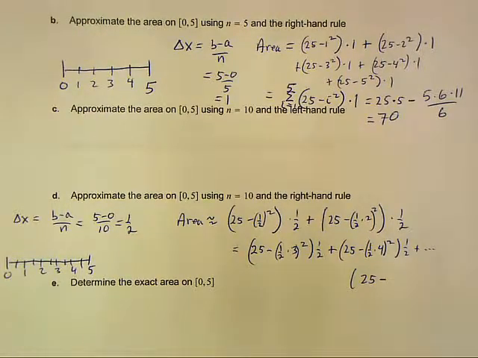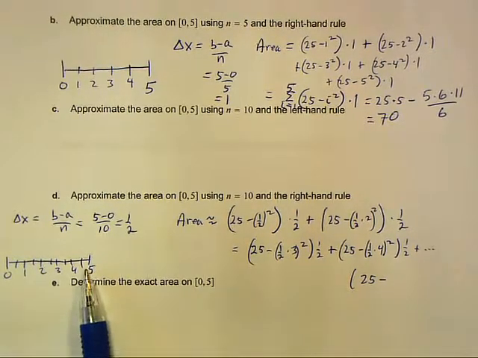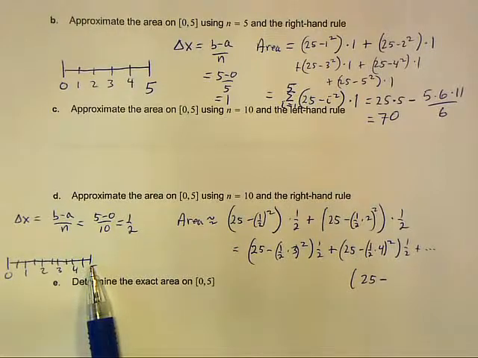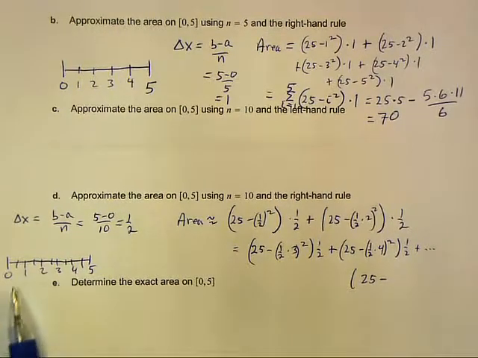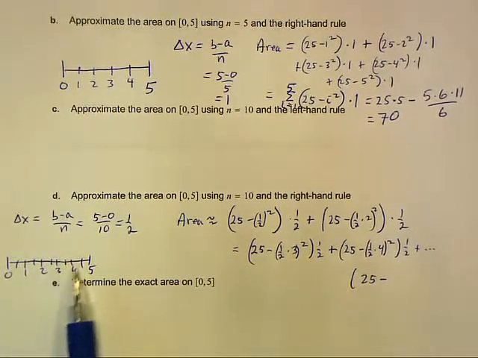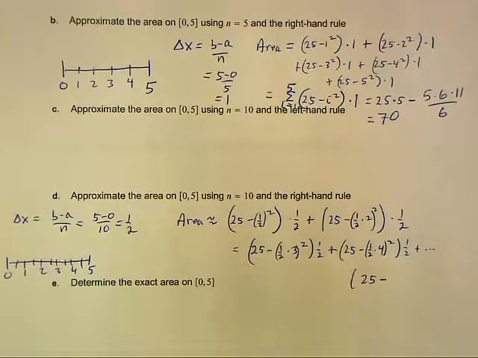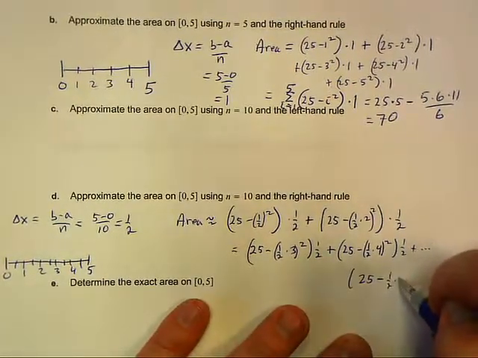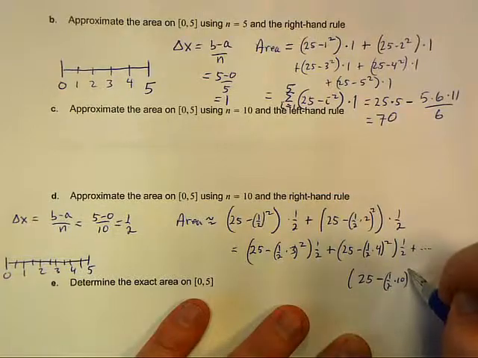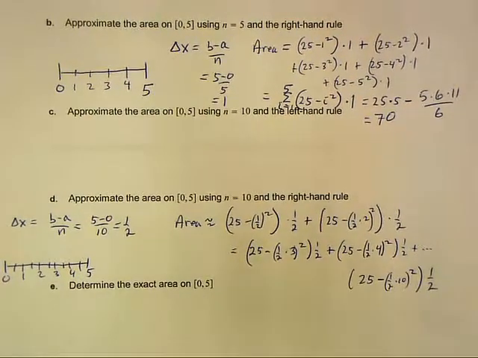The last number you want to plug in is 10 times a half, because the last number we're going to plug in is 5. And how do we get to 5? We go 1/2 ten times. So that's going to be 25 minus 1/2 times 10 squared, all times a half.